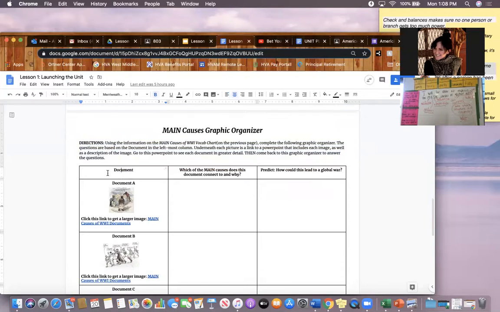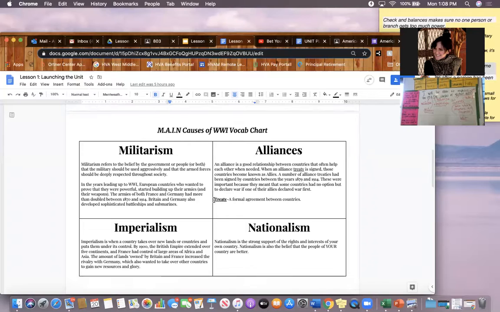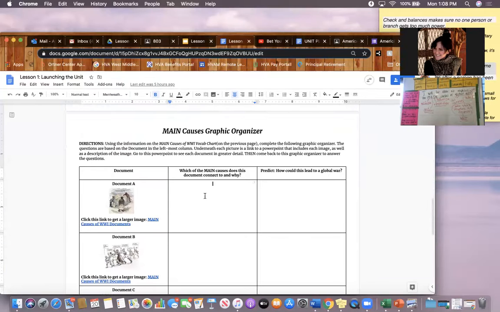So on the left-hand side, you've got the document. Your first question asks you, which of the main causes, is it militarism, alliances, imperialism, nationalism? Which of the main causes does this document connect to and why? You don't know what the main causes are yet. You're going to have to look at your vocabulary chart to match up the picture with one of the main causes. In the last column, you need to make a prediction.